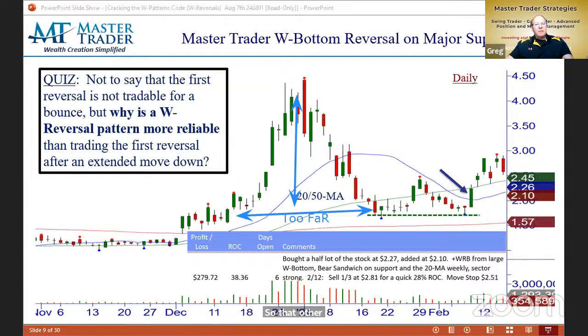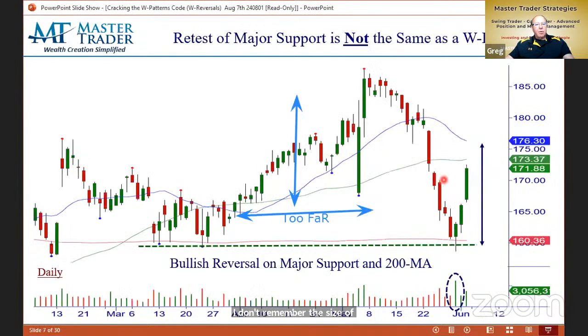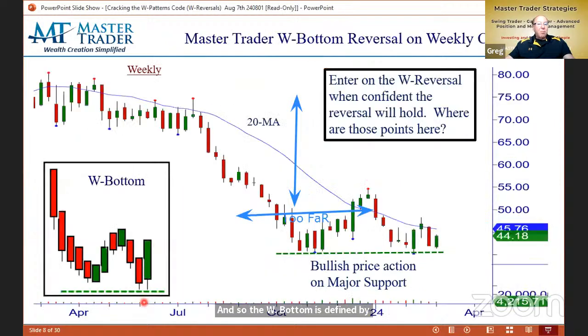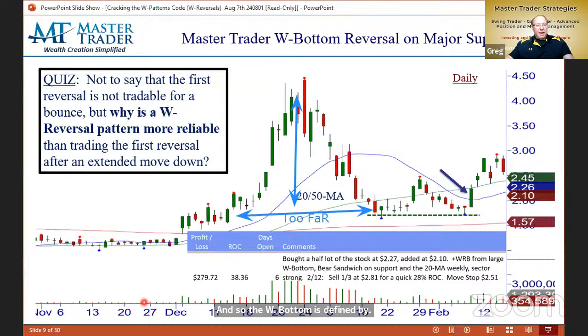I don't remember the size of the retracement on the slide, but it was very far away from the prior low. Yeah, so that was a big move off of the low, and then it was very far away. And so the W bottom is defined by an advance from the prior low that's relatively small. And then it comes back down again. Remember the psychology definition that I shared with you.